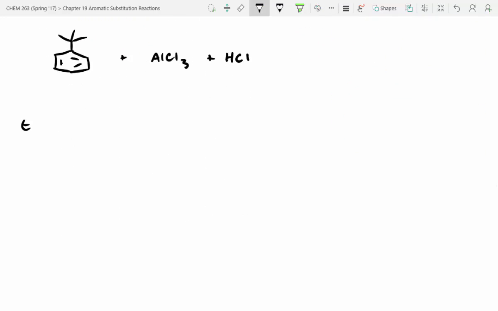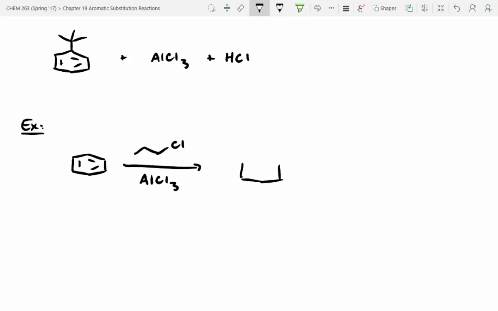So let's just take an easy example. I'm not going to show the full mechanism. So let's say we use 1-chloropropane and aluminum trichloride. You would end up with a mixture of different products. You would end up with one product where the propyl group is installed as you would expect, and your other product would be your rearranged product, right?